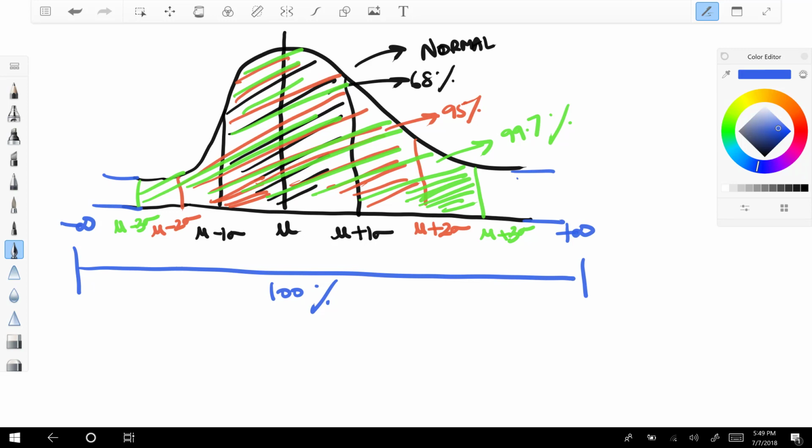So we will try to address the normal distribution using the empirical rule with a simple example.